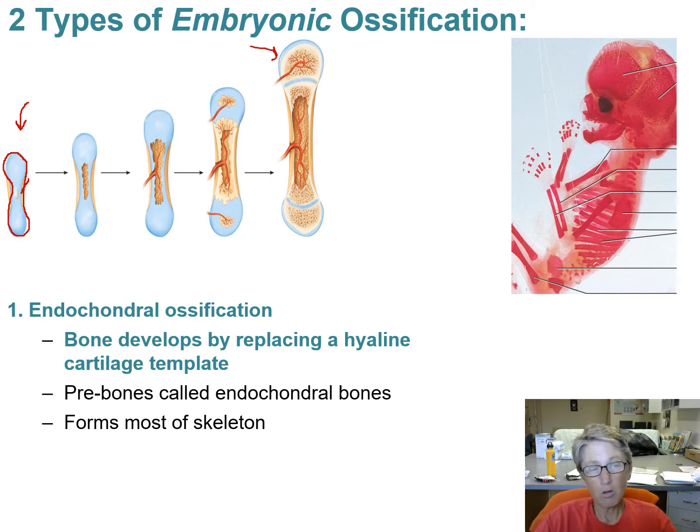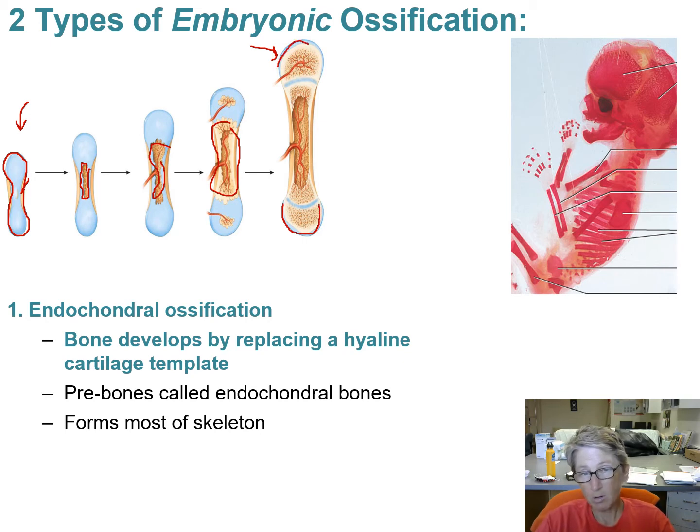So you start with a cartilage template, and then you start to break down that cartilage template, and you break it down more, and more. As you're breaking down the cartilage template, you're actually adding bone. And then at the end, you'll just have a little bit of this articular cartilage. Remember, articular is because it's a joint. It's forming an articulation.